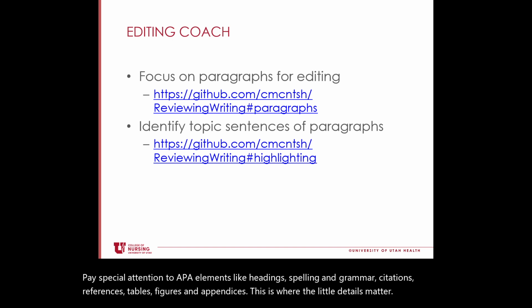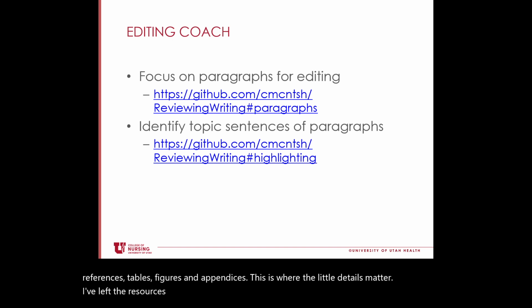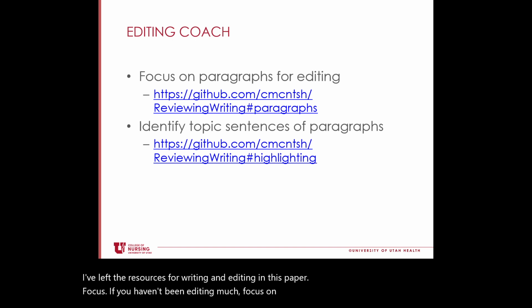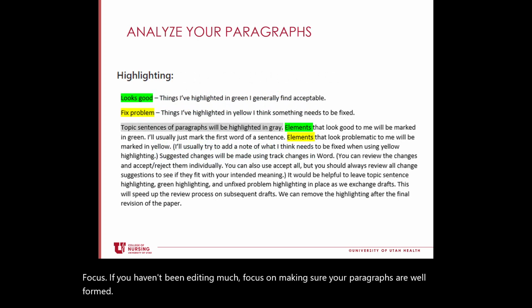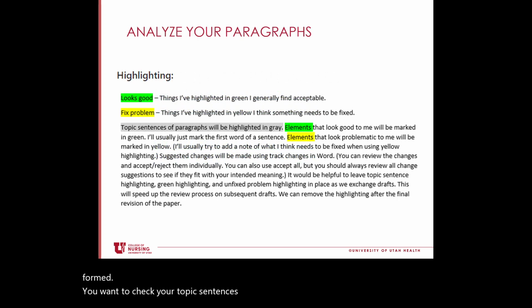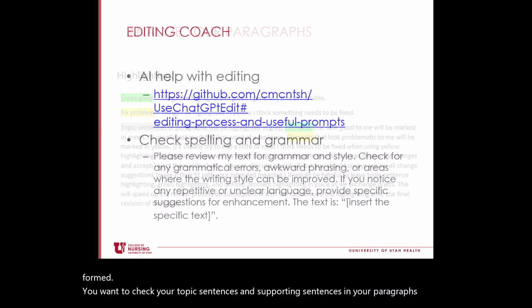I've left the resources for writing and editing in this paper. If you haven't been editing much, focus on making sure your paragraphs are well formed. You want to check your topic sentences and supporting sentences in your paragraphs.